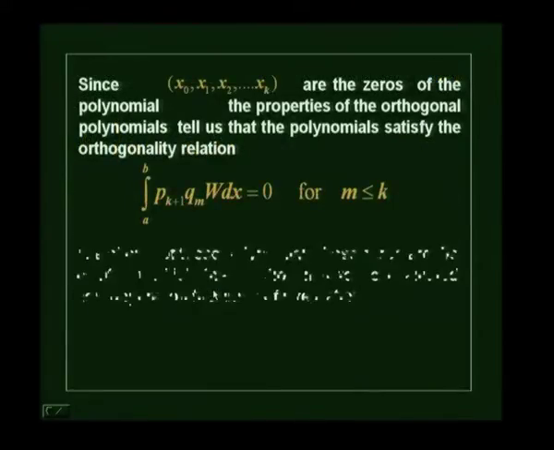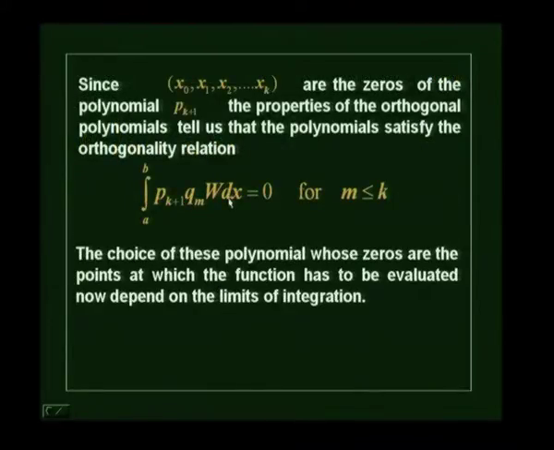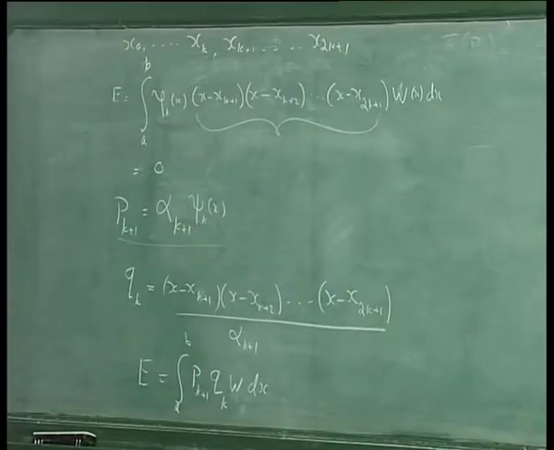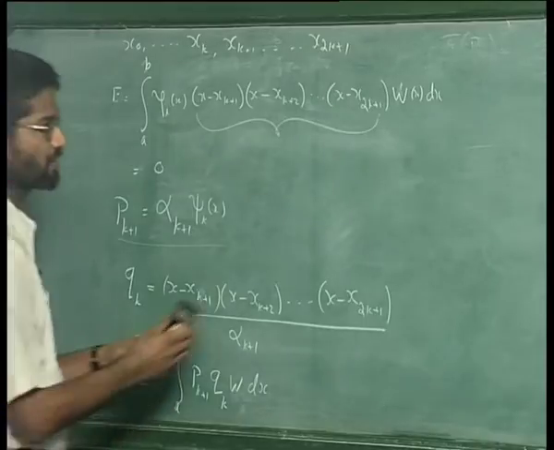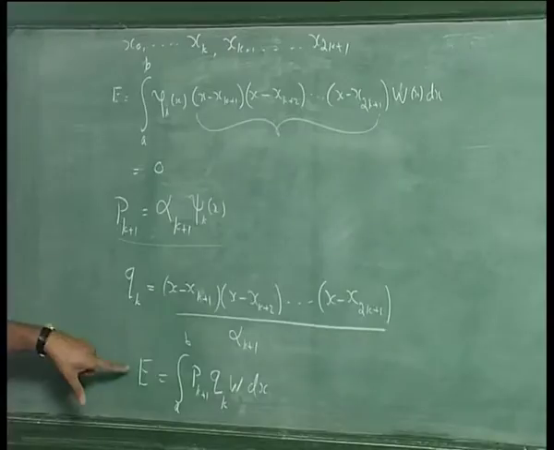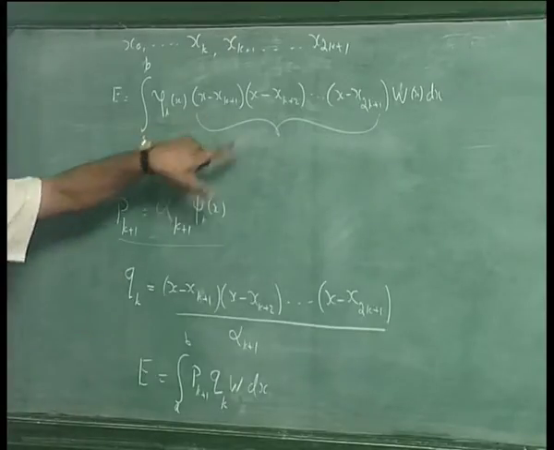So, I can write the error as p k plus 1 q m in this case. I do not have to choose k points here, I can just choose m points, then there will be an mth order polynomial and then this will be p k plus 1 q m w dx. I have chosen here k points. So, in general I can choose m points and then write this quantity as the error.